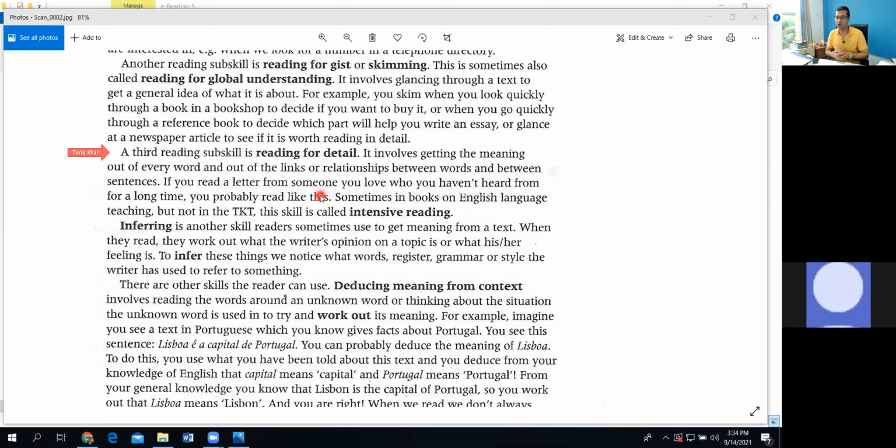It's needed for your exam or some sort of knowledge you are gaining out of it. So you try to understand word by word, through the sentences, the combination of it, and try to understand all that slowly. That is called intensive reading or reading for detail. Is that clear? Yes, sir.